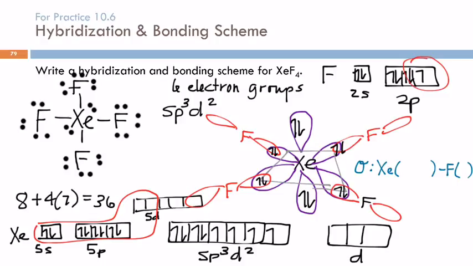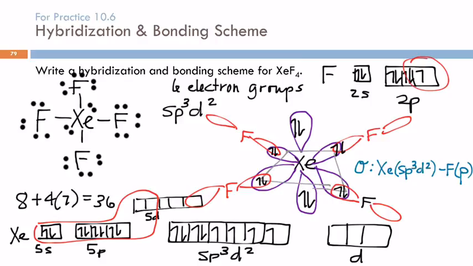In this simplified treatment that we're doing, where we're assuming that the fluorine is not hybridizing at all, the fluorine's always going to make one bond, and it's going to be this p orbital that's going to overlap. Okay. So we've got the p orbital on the fluorine, so we put a p over here, and the orbital that's overlapping on the xenon is the sp3d2 hybridized orbital.